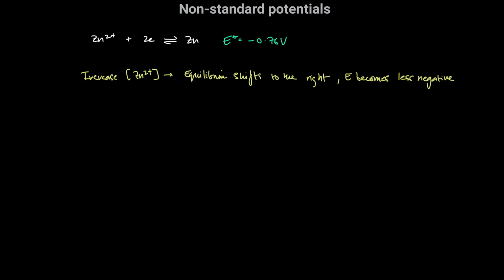So if I decrease the concentration of Zn2+, it means that the equilibrium shifts to the left, and E will become more negative.